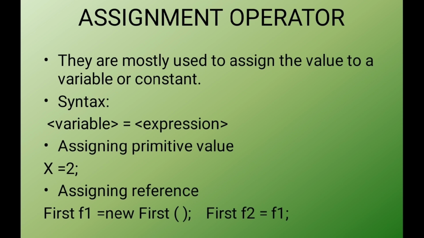Take the example for the primitive value x equal to 2. Here 2 is assigned to variable x. In the reference case, First f1 equal to new First indicates that you are creating a new object. First f2 equal to f1 indicates assigning the reference of f1 to f2.